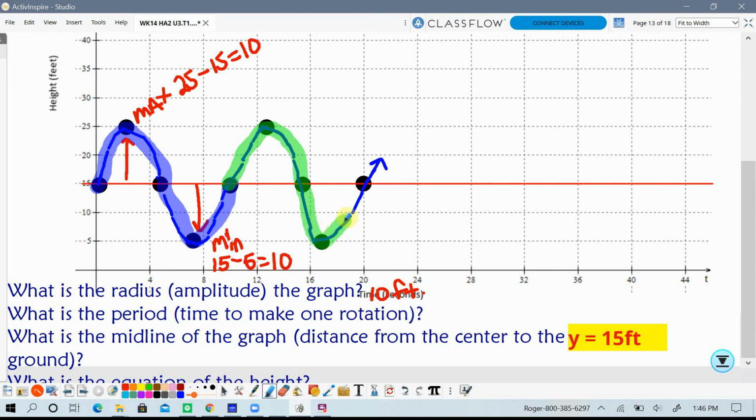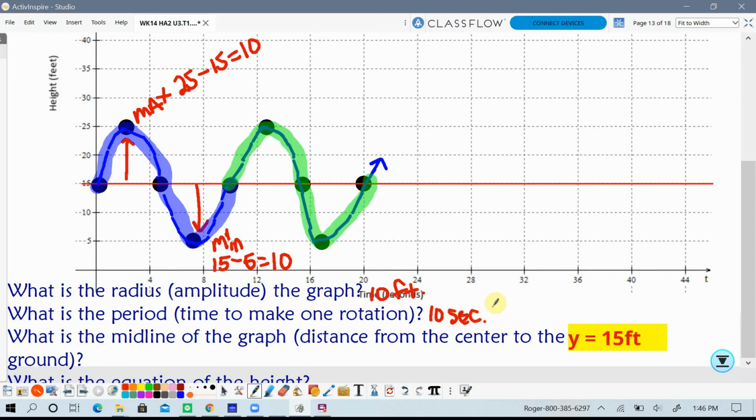What I am noticing is this shape repeats every 10 seconds, because here it landed on 20 seconds on the second rotation. So the first rotation had to have ended at 10 seconds, which is in the middle of 8 and 12 on my number line. So I'm going to put down 10 seconds as the period of this graph.